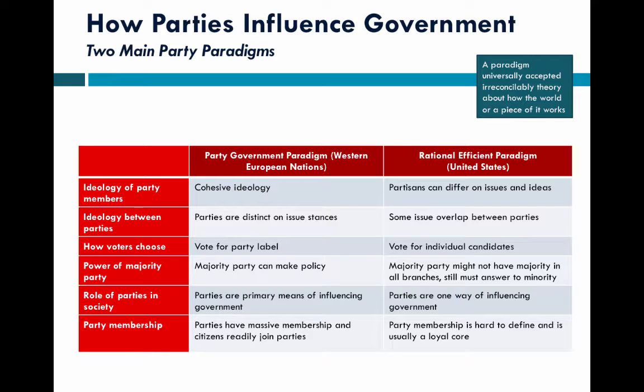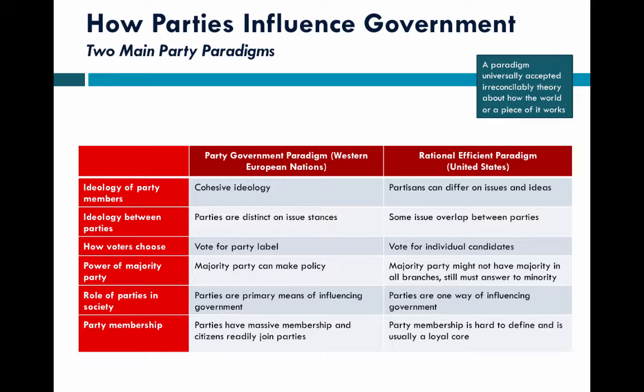The major difference between these two party paradigms is one that's actually not listed here. The party government paradigm is more ideological. It's an ideological way of governing where the party is used to effectuate change within the government. So if a party wins a majority, they can wholesale change the government.